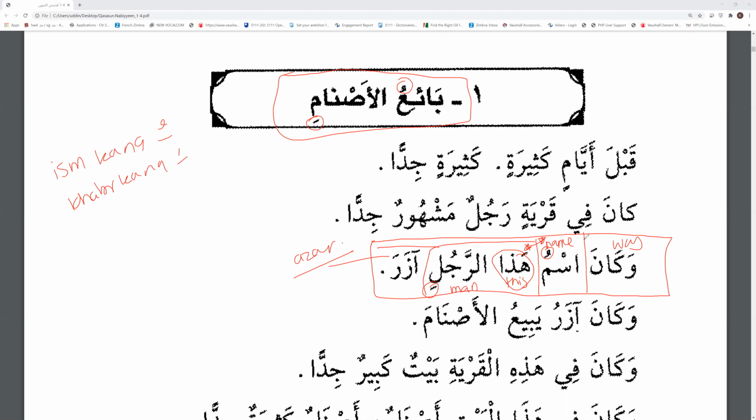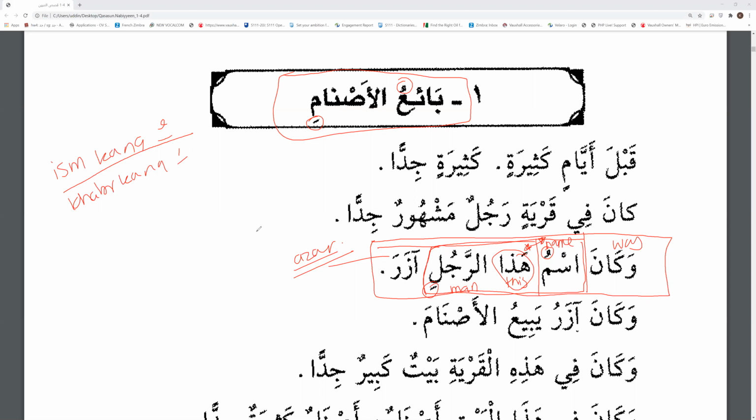So look at ismu, yeah. So ismu hadha rajuli is one entity. And we know that ism of kana has a dhamma. So we're going to say that this is the ism of kana. So once we found the ism of kana, name of this man was Azar, the rest of it, the name is the khabar, yeah.